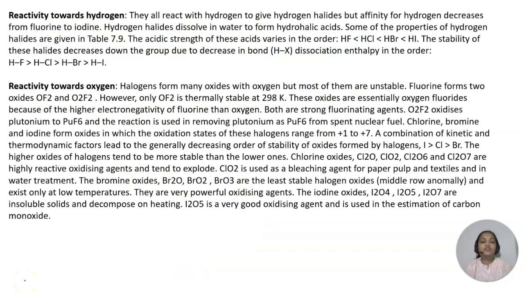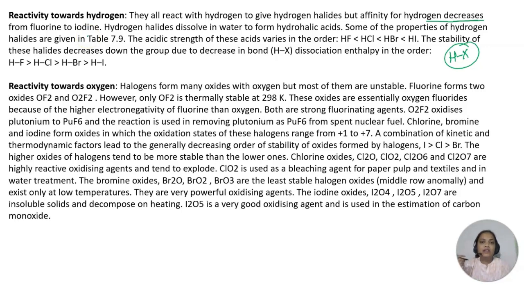Now reactivity towards hydrogen. So they form these halo acids, HX. But affinity for hydrogen will decrease from fluorine to iodine. Why? Because the size of iodine is bigger, and also it is less electronegative.